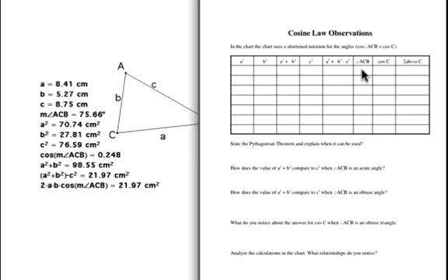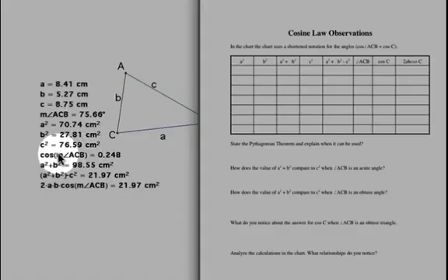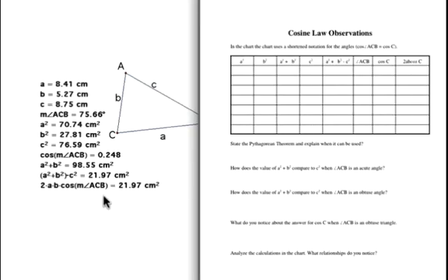Angle ACB, the cosine of C, which is going to be on your diagram as cosine M angle ACB, so that's where you're going to get that from. And finally, you're going to put in 2AB cosine C, which is this measurement here, where it's 2AB cosine measurement angle ACB.